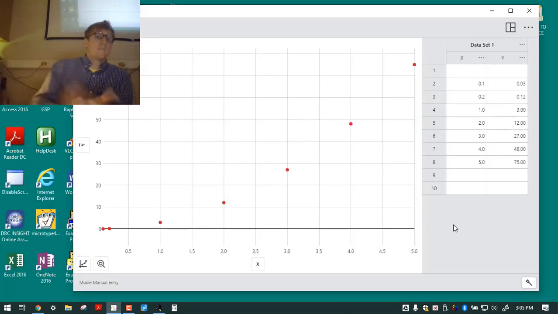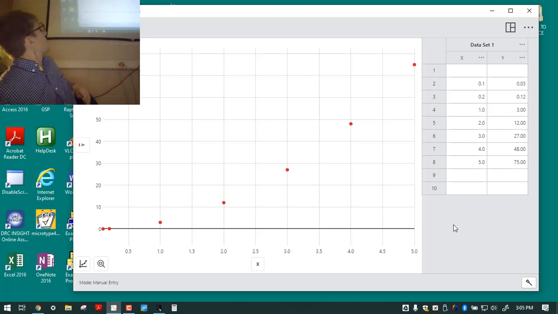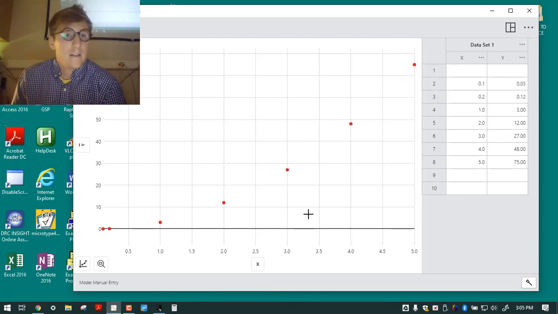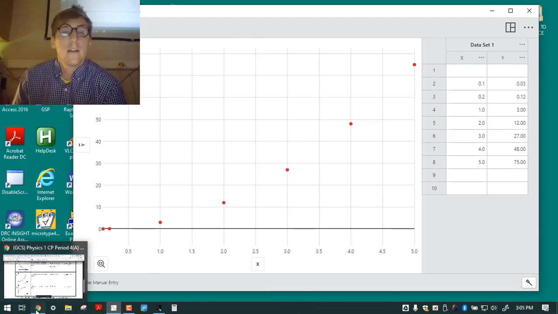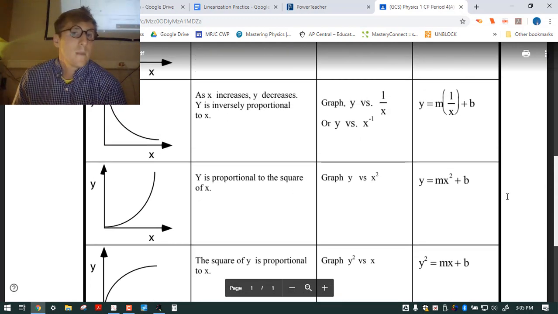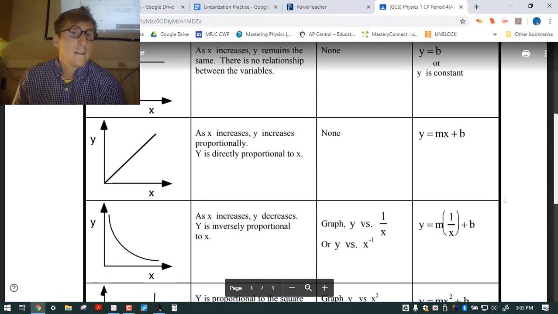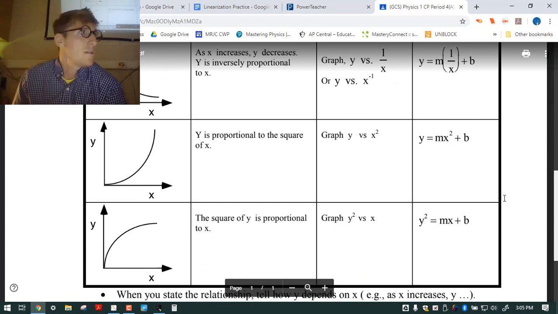So you collect data on your buggy, or on whatever future experiment. Here's what it looks like. Step 1, you pull up that copy of the graphical method summary and ask which one the graph looks like.